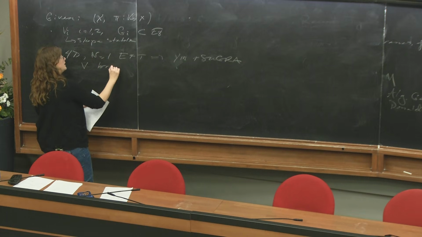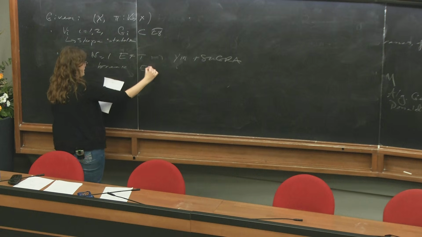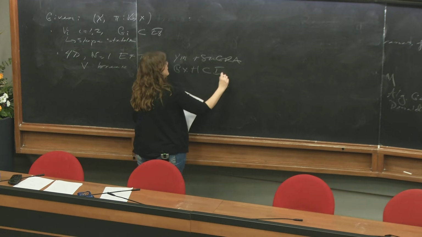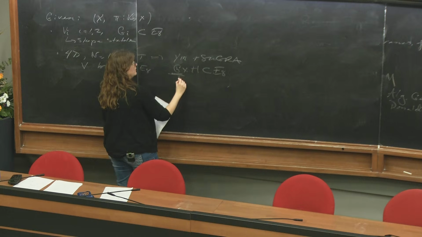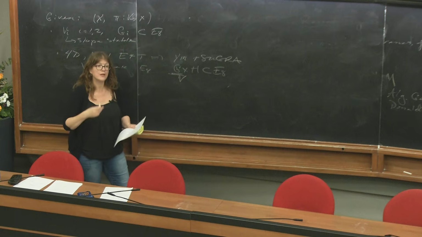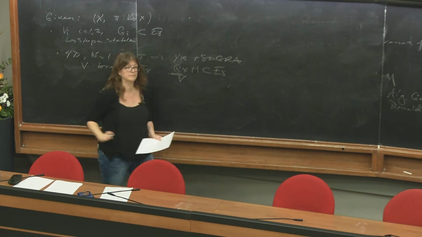V is going to break E8. And in particular, if we consider a maximal subgroup, G cross H, inside E8, and G is the structure group of your bundle V, then the unbroken 4D gauge symmetry will be the commutant of G inside E8.